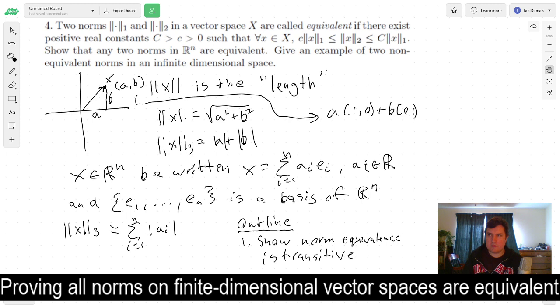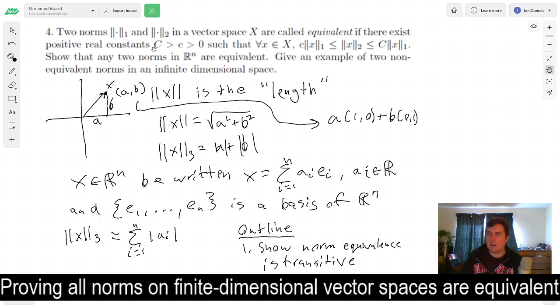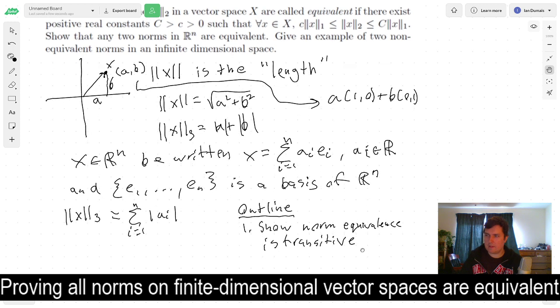So we're going to show that if these two norms, norm 1 and norm 2, are both, we're going to say if they're both equivalent to norm 3, which I do have to show is a norm, so that's like step 0. But if they're both equivalent to any old norm, really, then they're equivalent to each other. So we've got to show that. That'll be nice.